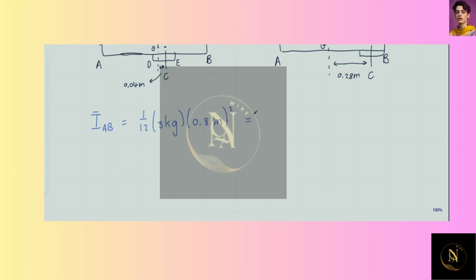And so the moment of inertia of the rod is 0.16 kg meter squared. Now we will take anti-clockwise moments about C.